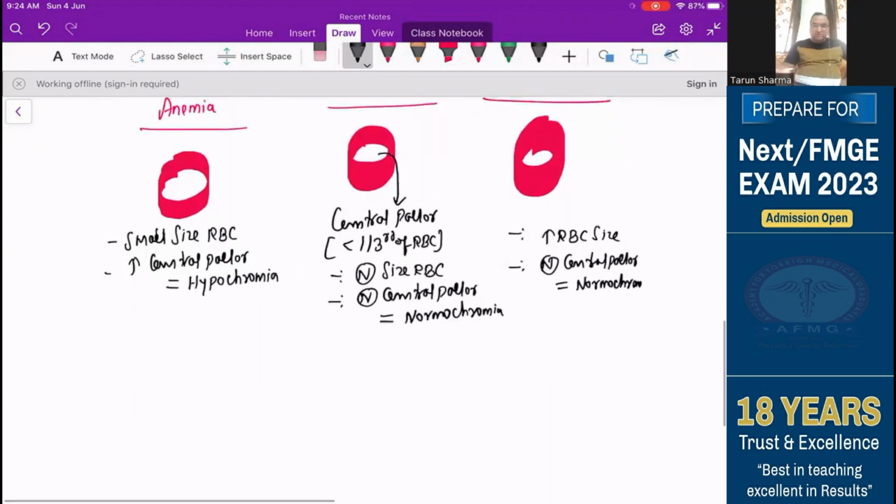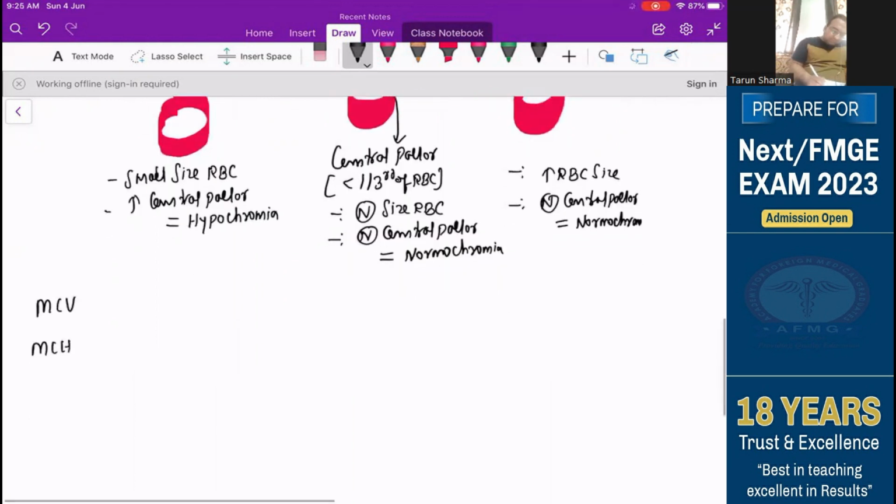Then one more important thing is the use of RBC indices. So I'll tell you the RBC indices also: MCV, MCH and MCHC. Normal MCV will be between 80 to 100, the unit is femtoliter, fL.